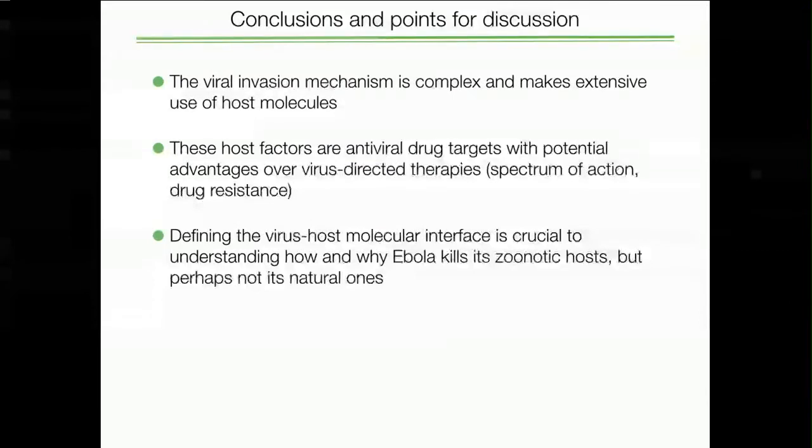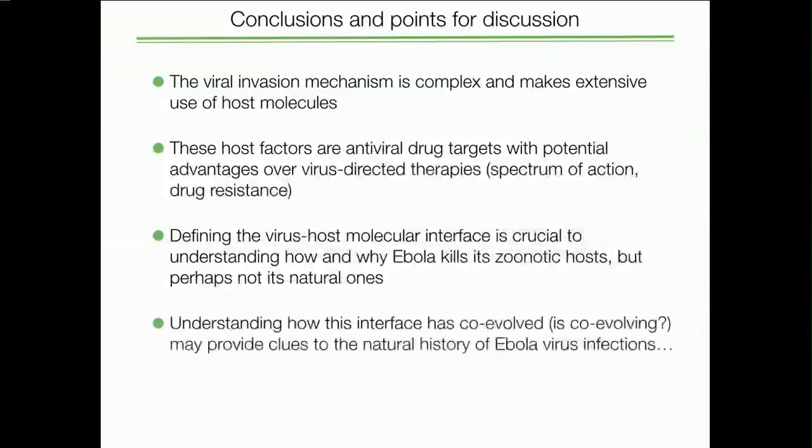So defining the virus-host molecular interface, we think, could be really helpful to understand how and why Ebola kills its zoonotic hosts, but perhaps not its natural ones, and maybe give us some clues about barriers to interspecies transmission that would add to the complexity of the picture that includes ecology and behavior and all these other things, not just of humans, but of the host, climate, all of that stuff.